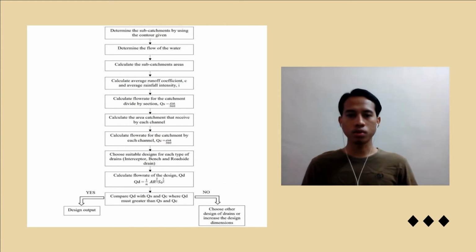QD equals 1 over n, A R to the power of 2 over 3, multiplied by S0 to the power of 1 over 2. From this formula, we can get the flow rate of design, that is QD.